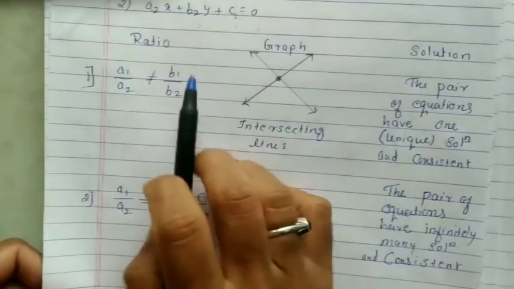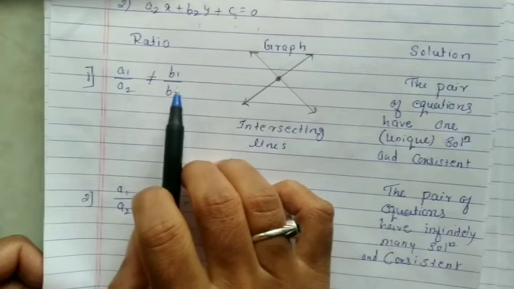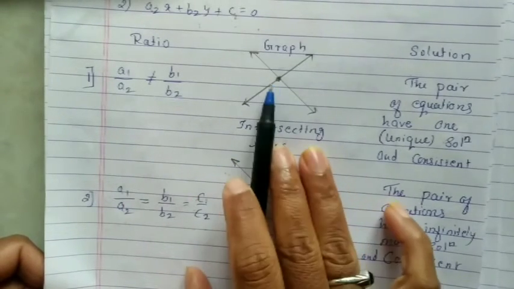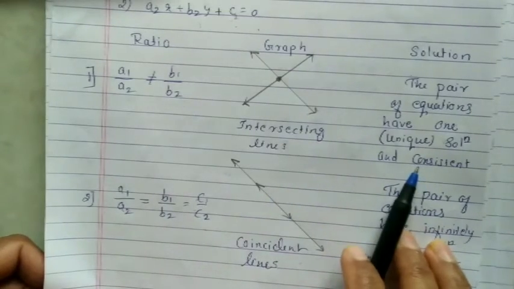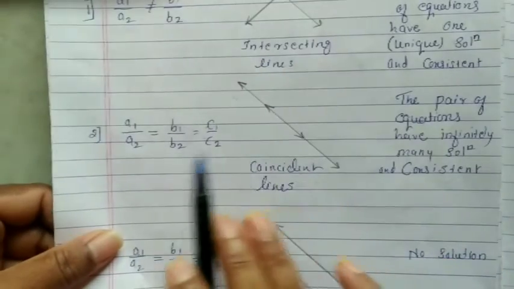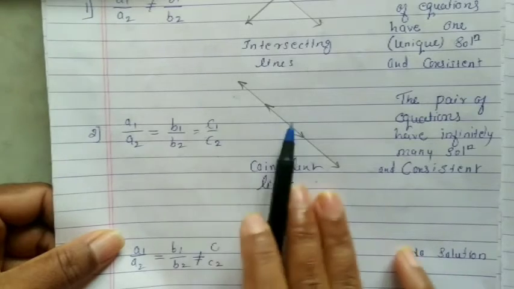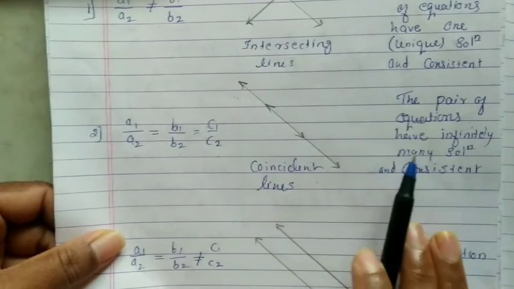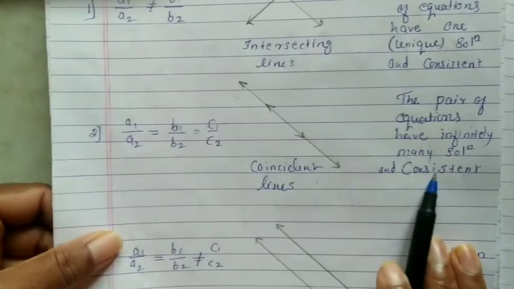So with this, we are having a chart here. When the ratio of a1 upon a2 and b1 upon b2 are not equal, we are having exactly one solution. And when we are having a solution, then the equations are consistent. It is also possible when all the ratios are equal, coincident lines will occur, and then also we are having solutions, and it is also consistent.